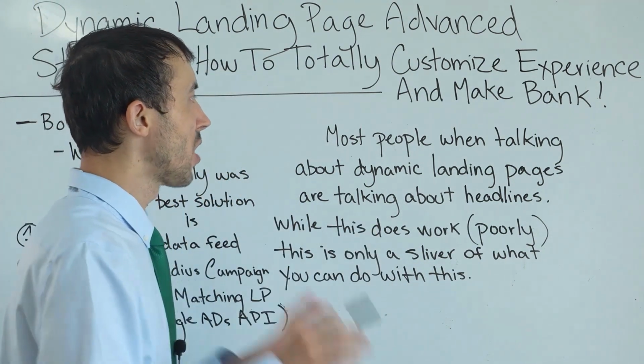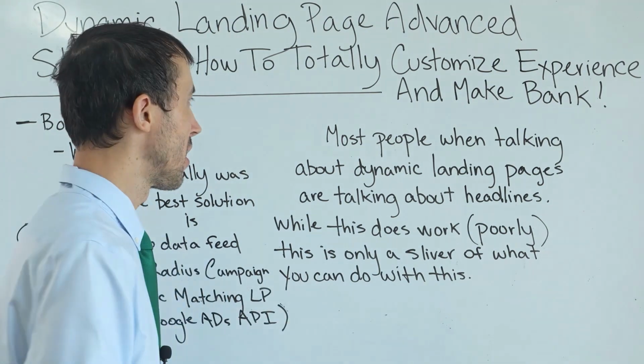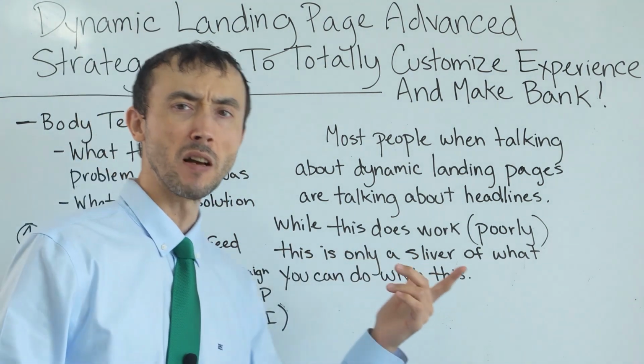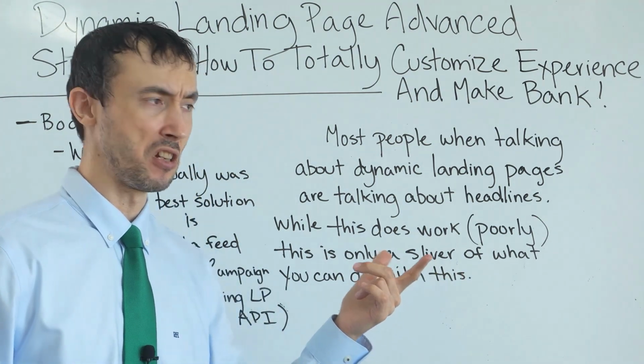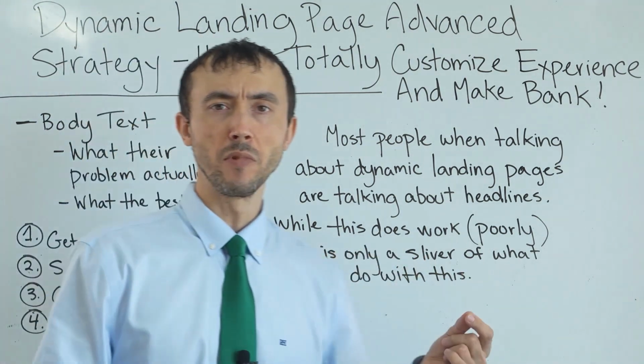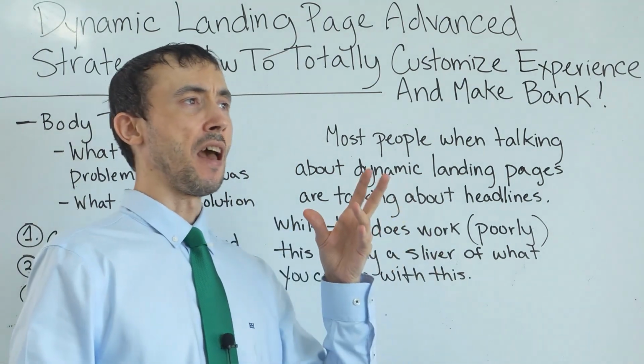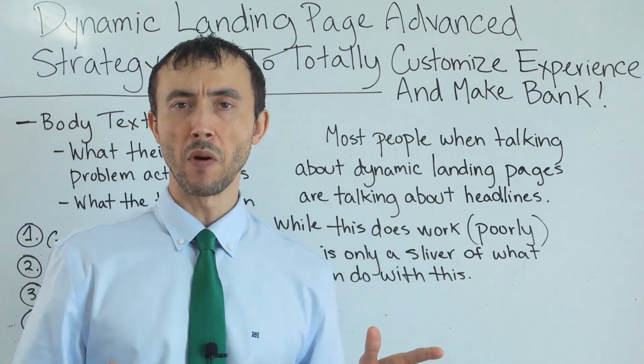So most people, when talking about, as I mentioned at the start of this video, dynamic landing pages, are just talking about customizing the headline on a landing page each time. Namely, let's say you have a plumbing service, and somebody types in broken toilet repair.